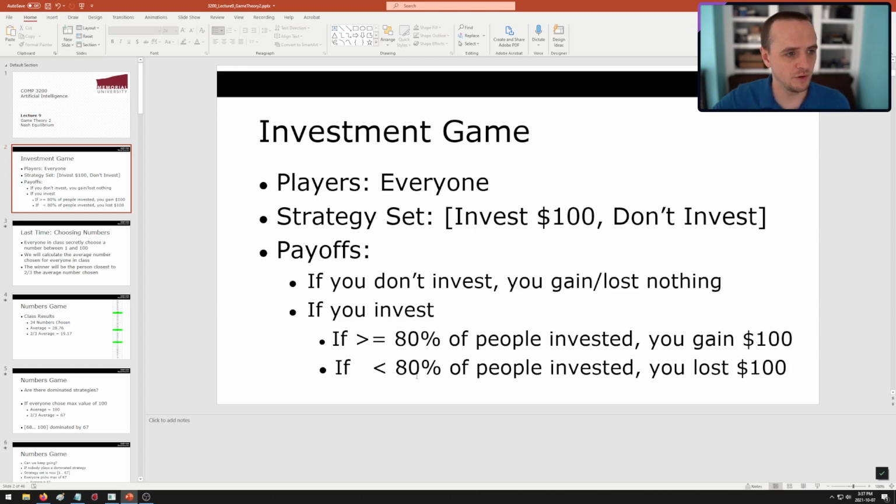If a bunch of people invest in a cryptocurrency, they want to buy the crypto so the price goes up, right? Now this 80% number is just some number that I chose. That could be an arbitrary number. So just keep in mind that this can apply to non-financial situations as well.